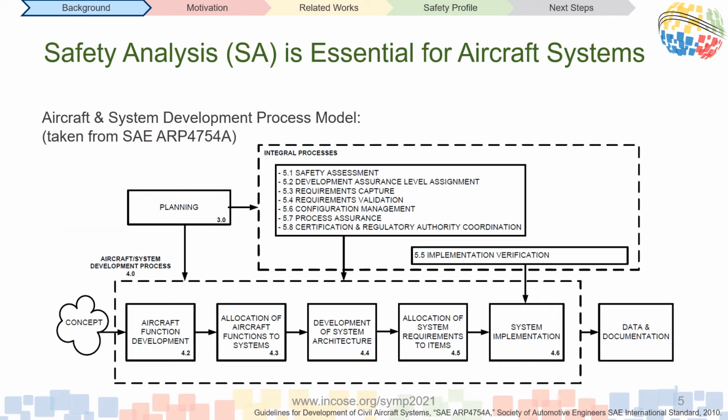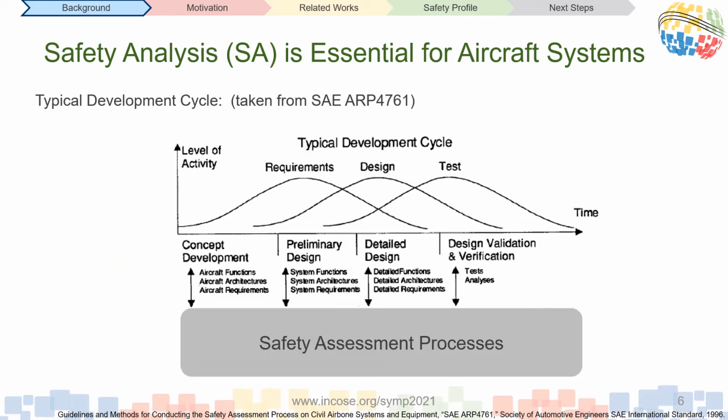Now, in the context of aircraft systems, safety analysis is essential. Within the System Development Process Model, as defined in the SAE Aerospace Recommended Practices 4754A, which we have here, we can see that safety analysis is an integral part of development. So, since the development process is iterative by nature, safety assessment activities are naturally expected to be performed continuously as well.